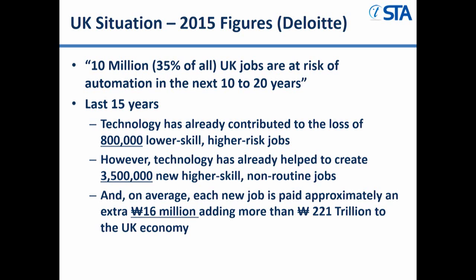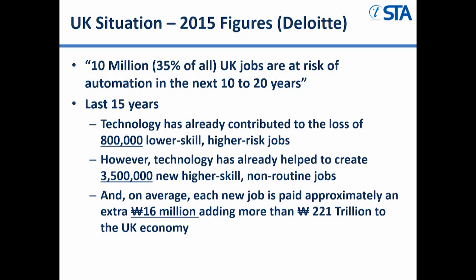Not only will they be happier because the jobs are more interesting, but as you can see from the figures there, for each of those new jobs created per year, on average, they were getting an extra 16 million won per person. So that makes them even happier, apart from having the more interesting job.